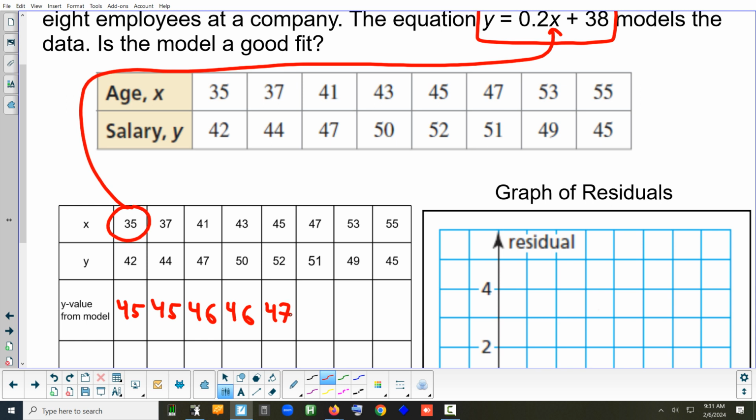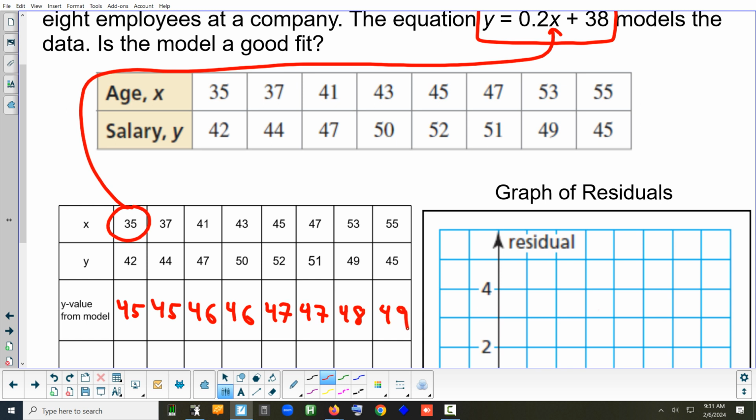How about when you plug in 47? I also got 47. How about 53? That one came out to 48. And how about when you plug in 55? 49.